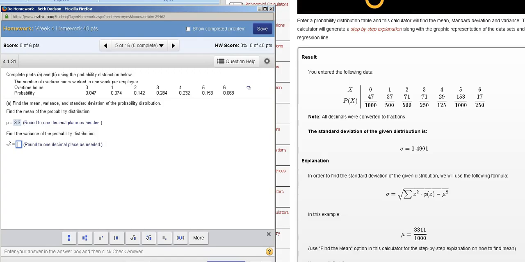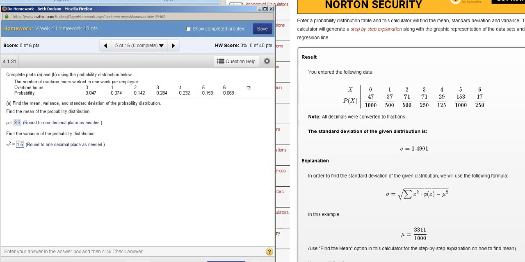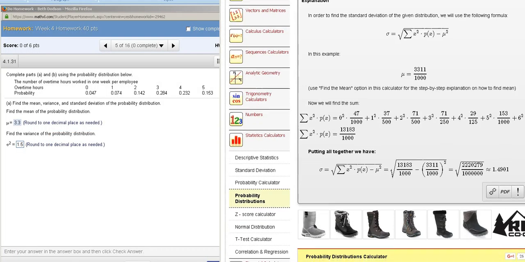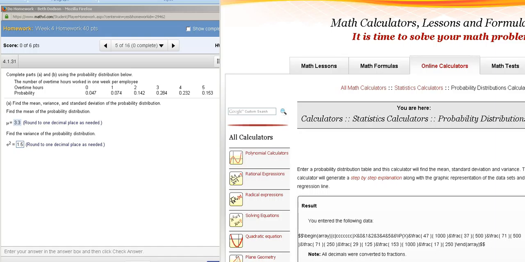So then I enter in there 1 decimal place, 1.5, and check answer. That's not right. Well, it's not right because that was asking for the variance. So I need to go back down here and click find the variance and calculate.